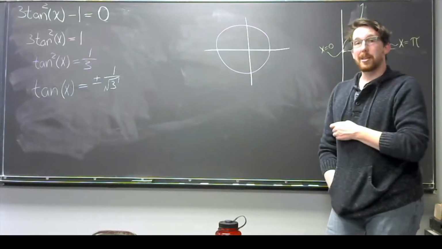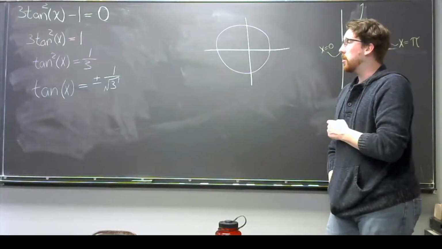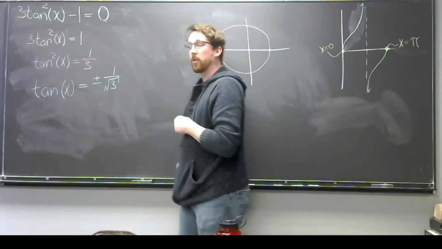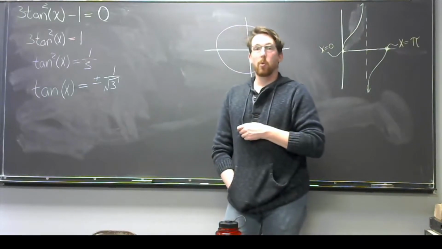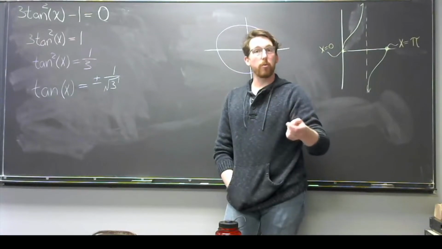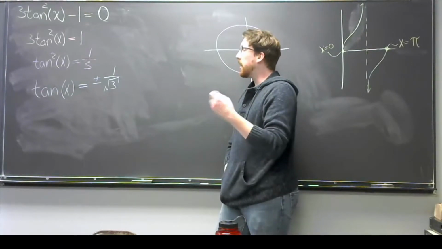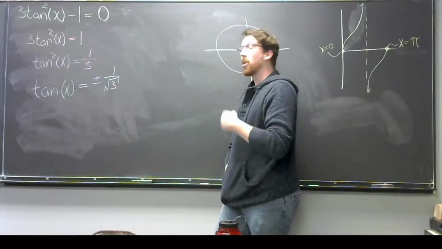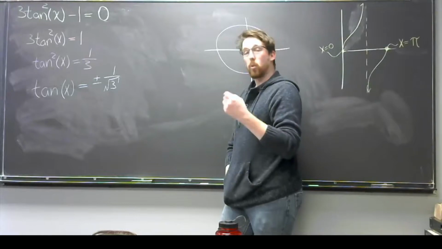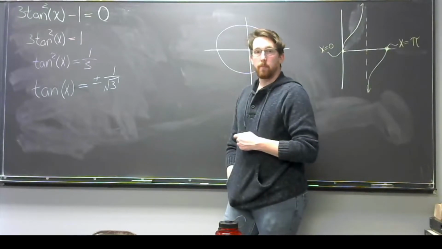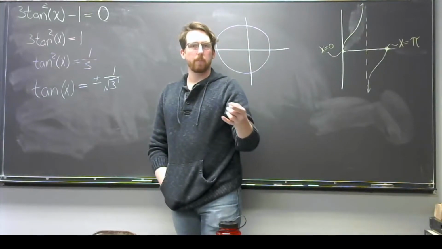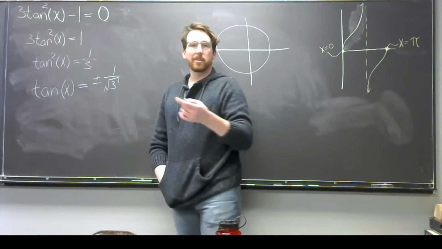Well, if tangent is equal to 1 over the square root of 3, squaring tangent, you're going to get 1 over 3. And if tangent is equal to 1 over the negative square root of 3, squaring it, we're still going to get 1 over 3. It's because that negative sign cancels out when we square it, and the positive sign stays positive.